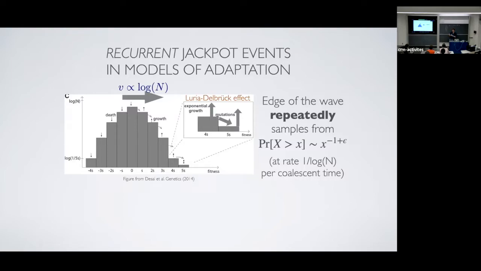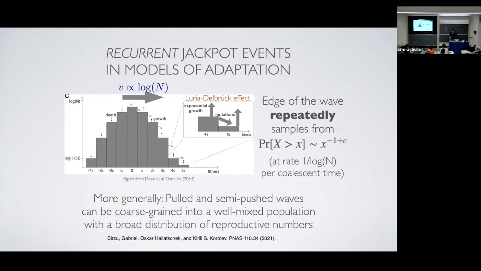Given that we have this continual resampling, one might wonder, and in fact this is something we show in this paper, that in the case of these waves, we can coarse-grain these models on the right time scale, such that we can map them onto an effectively well-mixed population, but one where the offspring distribution is broad.